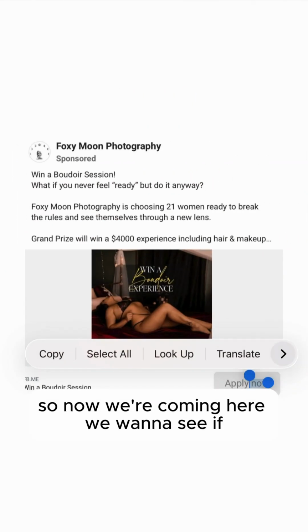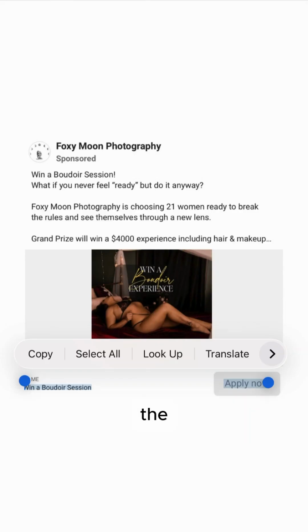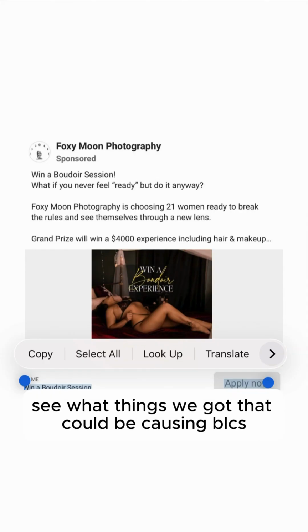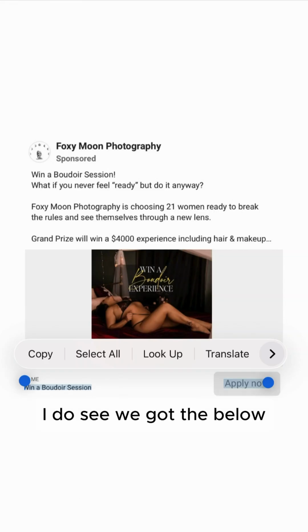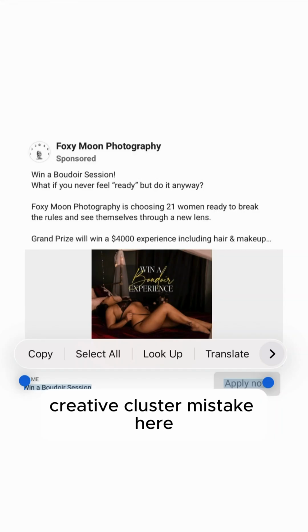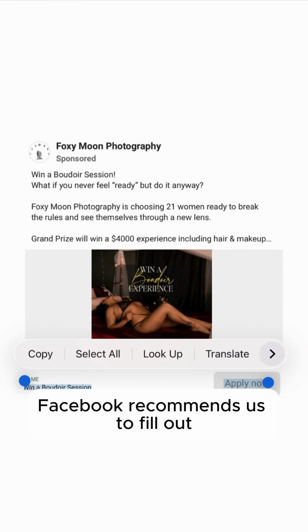So we want to fix that. So now we're coming here. We want to see the checkout, see what things we got that could be causing BLCS, if any. So I do see we got the below creative cluster mistake here. This is filling out all the things Facebook recommends us to fill out.